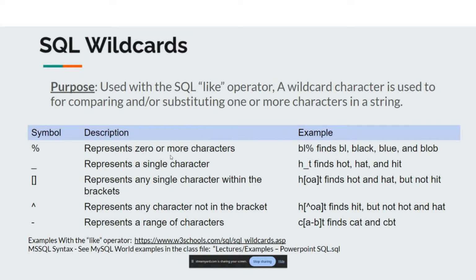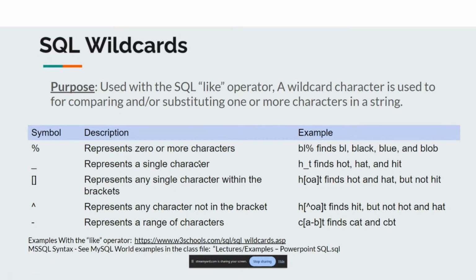It represents zero or more characters. If you have BL and then the % sign, it looks for strings where BL are the first two characters, and then it can be anything after that. So BL% finds bl, black, blue, and blob.